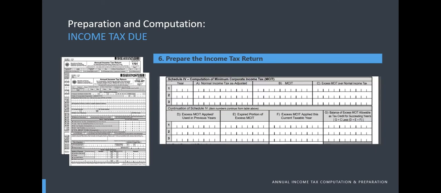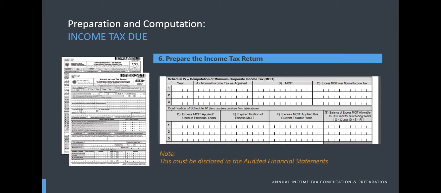Next, Schedule 4, the minimum corporate income tax. This is the same with the NOLCO. If this were not completed, or were lacking in the filing of the income tax return, then the MCIT and the NOLCO might be disallowed by the BIR.